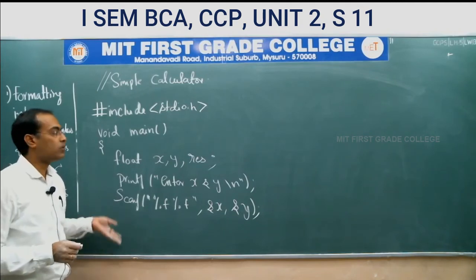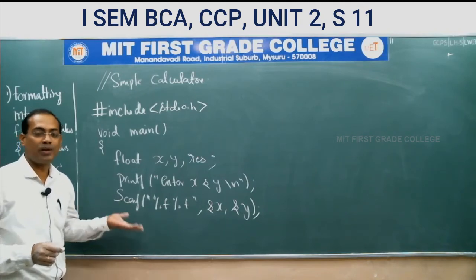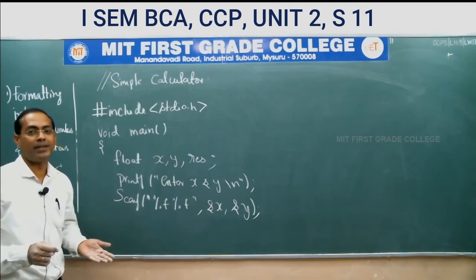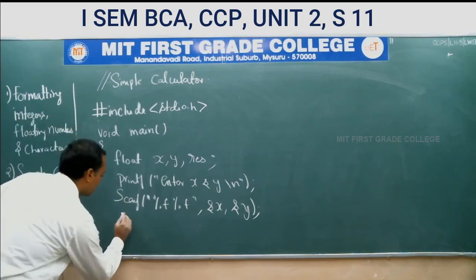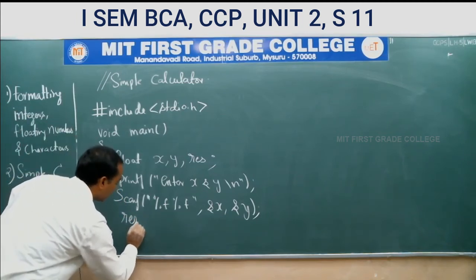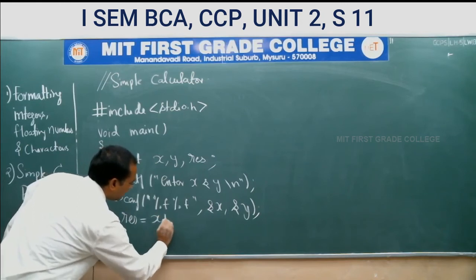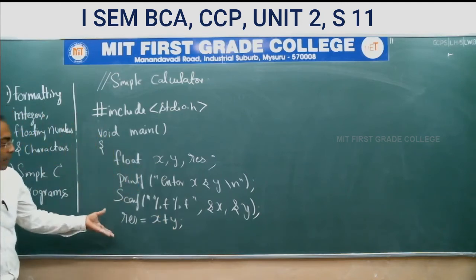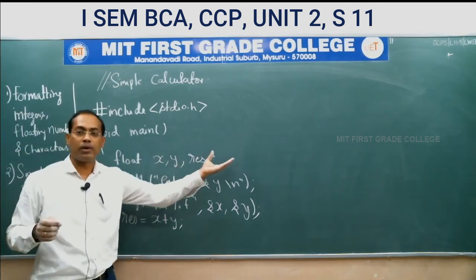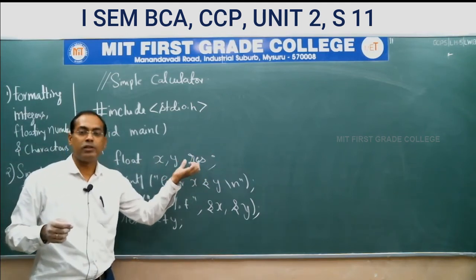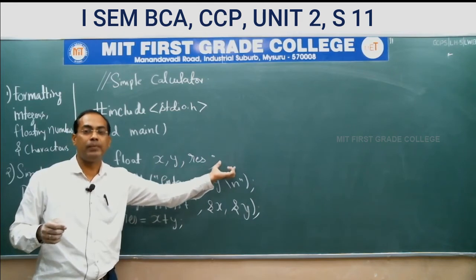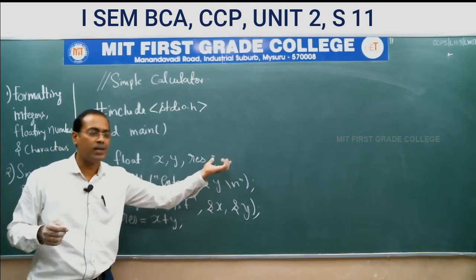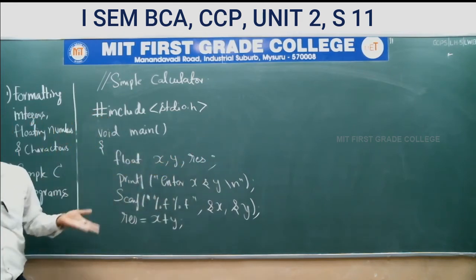Now we need to write simple instructions to compute addition, subtraction, multiplication and division. Alright, result is equal to x plus y. So this is for addition. What we can do is we can declare more number of variables, that is separate variables for addition, subtraction, multiplication and division to store the result, or only one variable you can use.